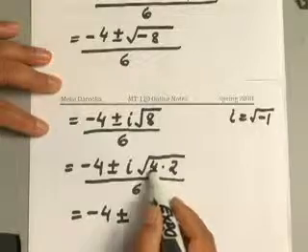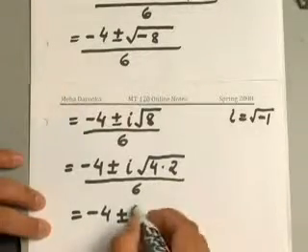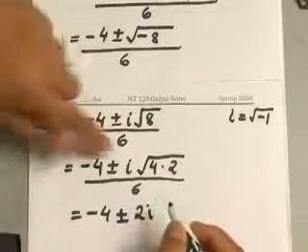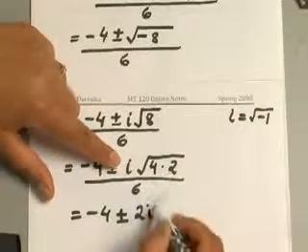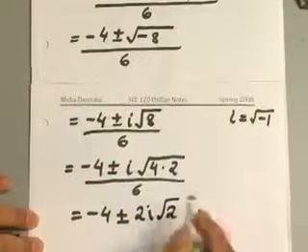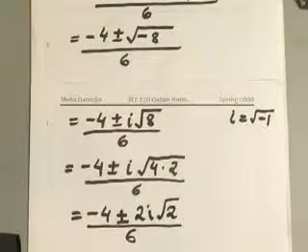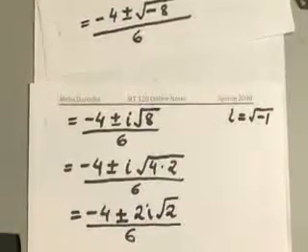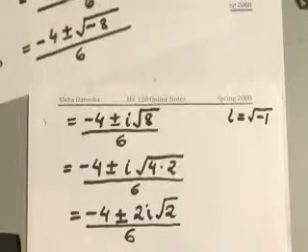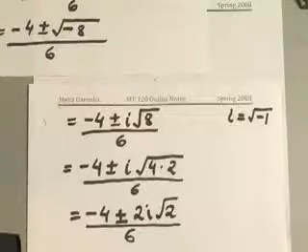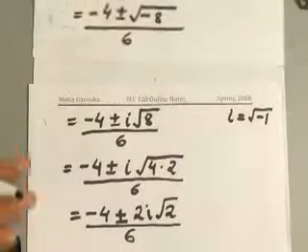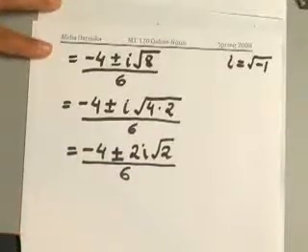Square root of 4 will come outside of your radical as 2. You're left with i, don't forget that i, and then square root of 2 will continue to stay inside the radical symbol. And then you divide everything by 6.